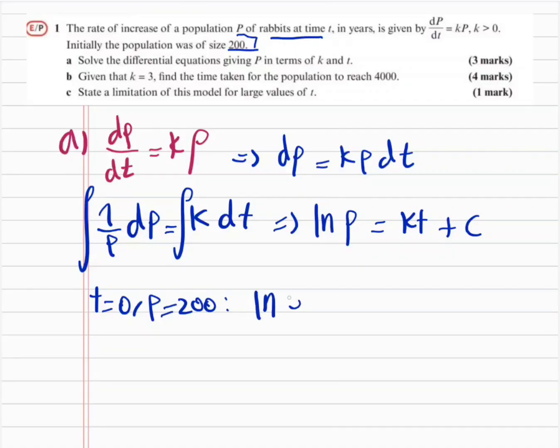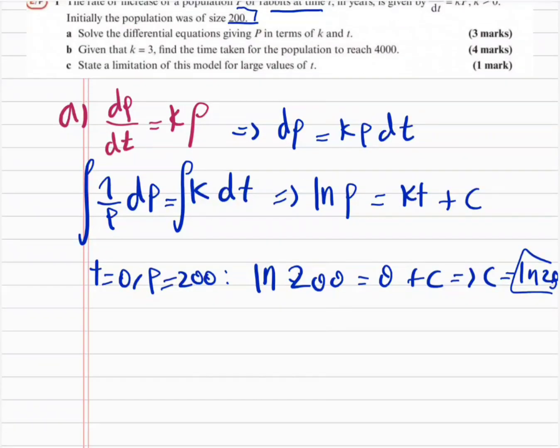So ln 200 is equal to 0 plus c, so c is ln 200. Therefore, our equation is ln P = kt + ln 200. So that's just the value of c.